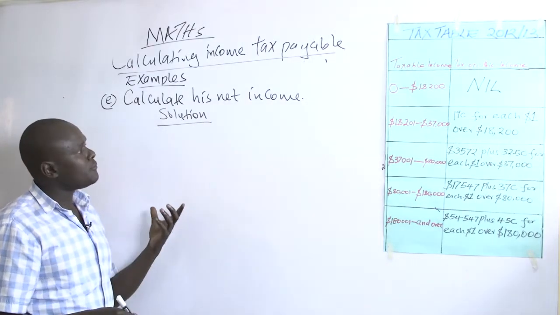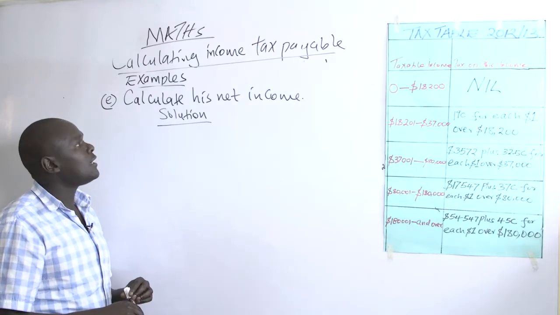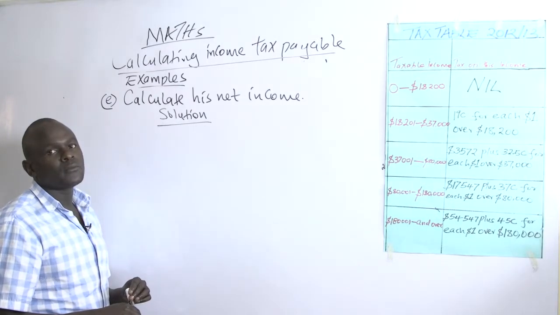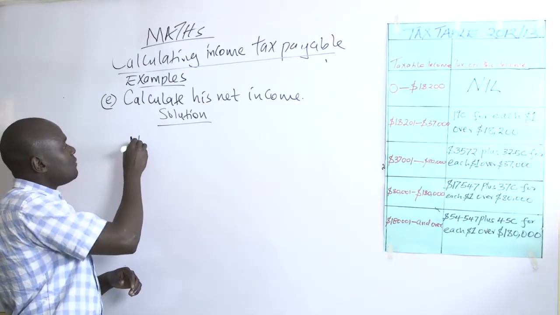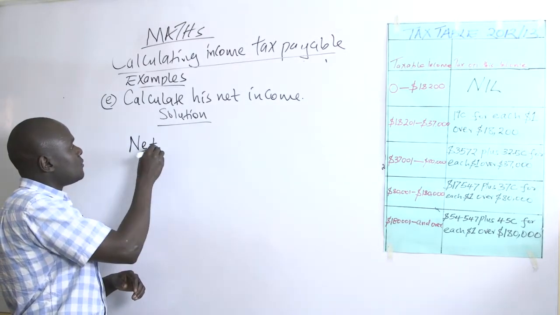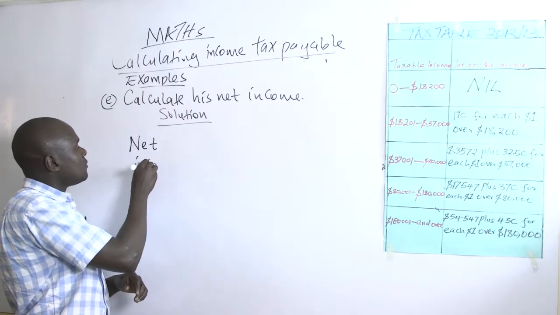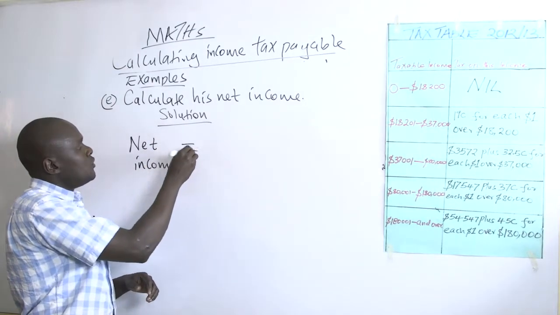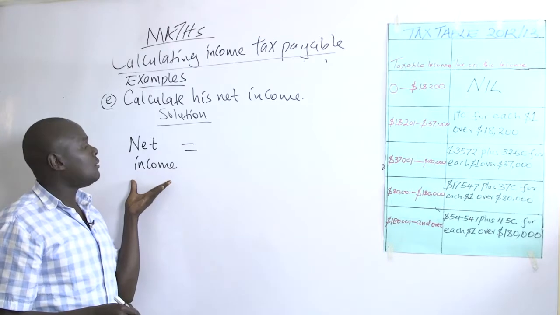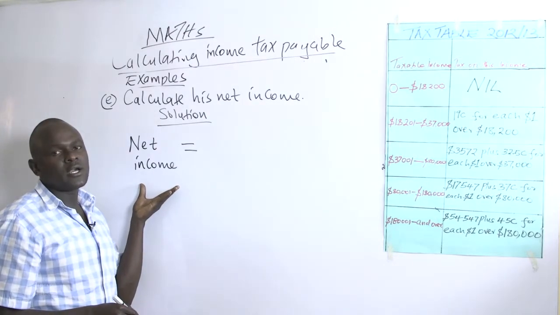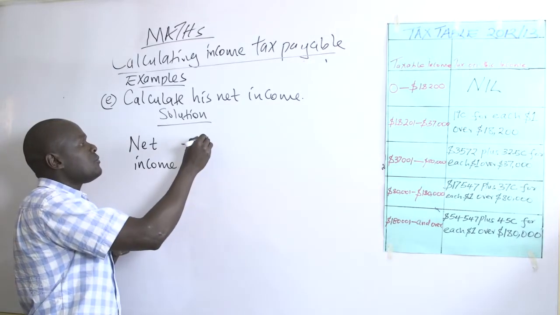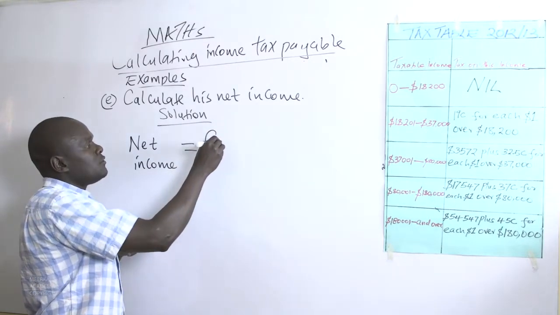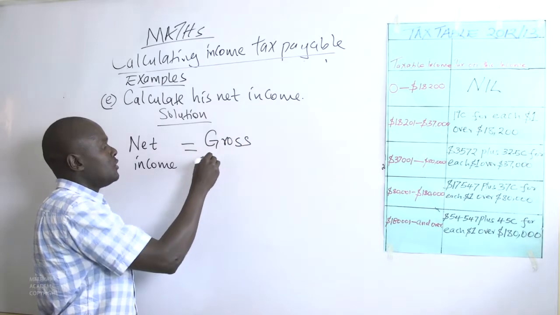And remember from our previous lesson, we had learned that for us to get net income, which is actually the income after all the deductions have been effected, this is supposed to be the difference between the gross income.